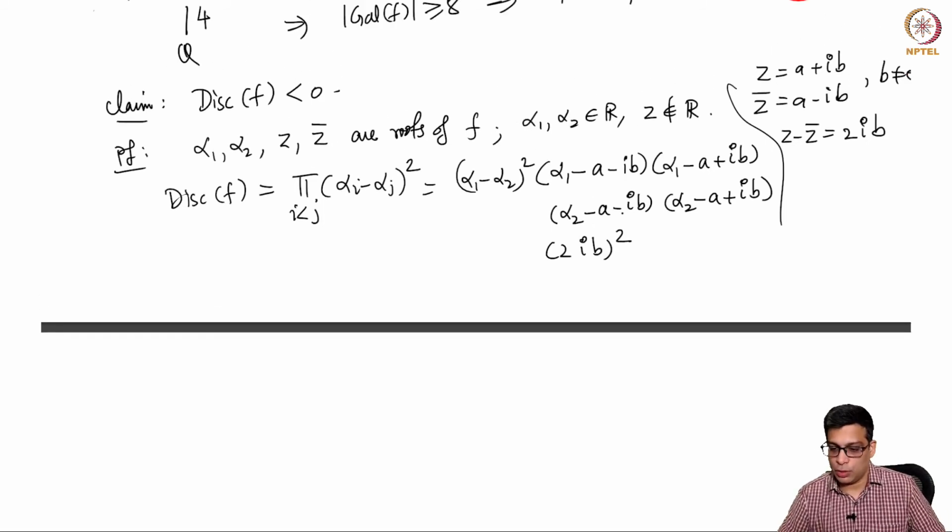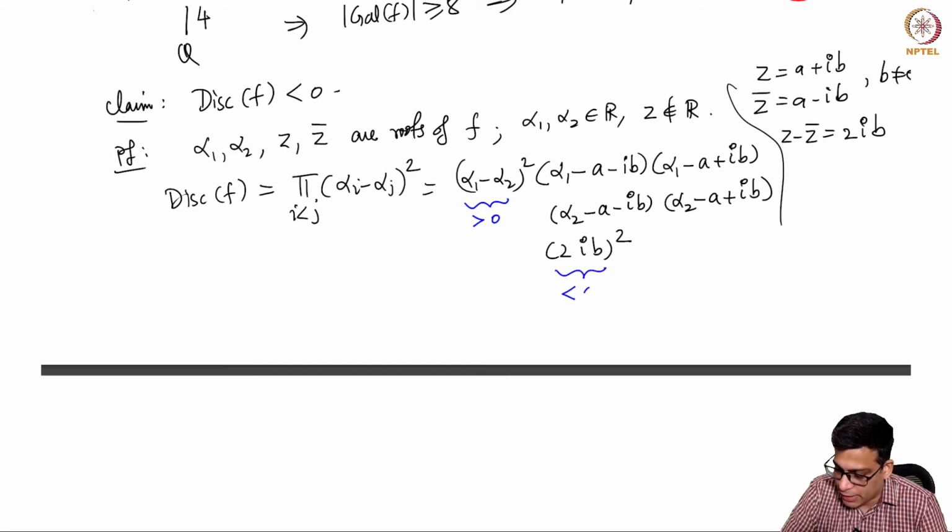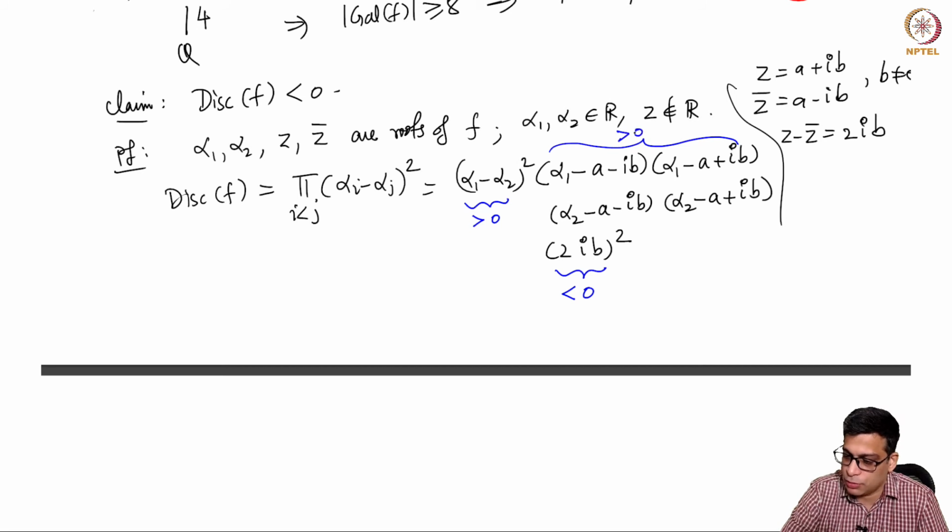Okay, so now let's look individually at what the sign of these things are. This is of course positive. They are all distinct roots, right? So this is positive and this is negative. That is because b is non-zero, so this is minus 4b squared, which is negative. And together, (alpha 1 minus a) whole squared plus b squared is positive, and this is positive.